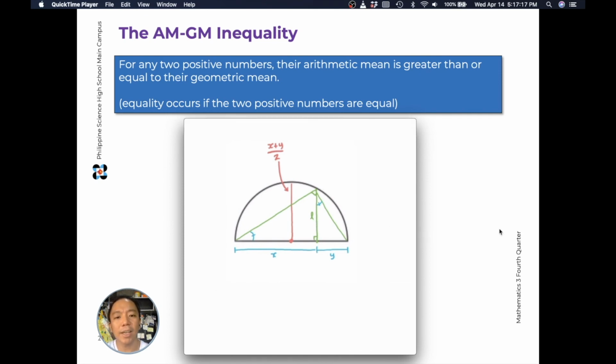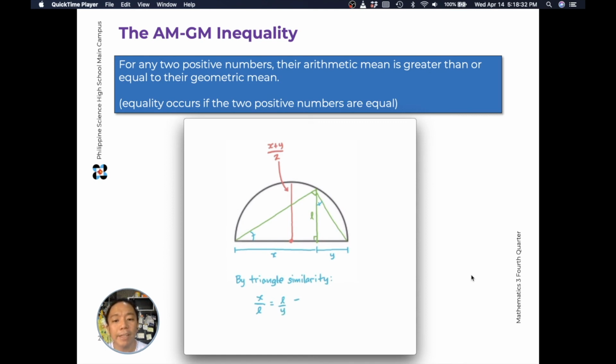And if you're familiar with the concept of similar right triangles, then the ratio of the long side to the short side, not the hypotenuse, of one triangle is equal to the ratio of the long to the short side of another similar triangle. Using triangle similarity, the ratio x over L and the ratio L over y are equal.